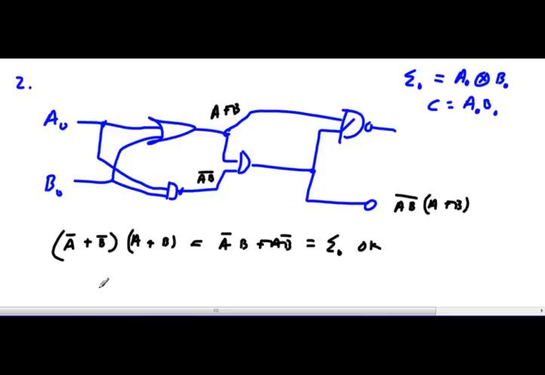So I've got A, B naught, A or B, and A or B, the entire thing knotted.